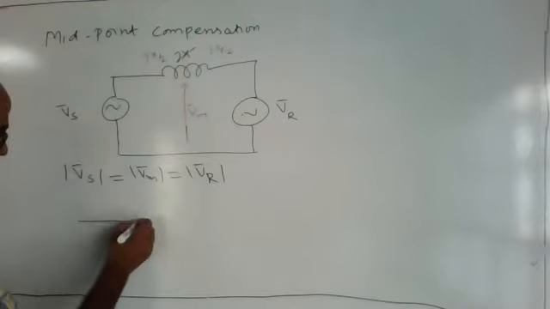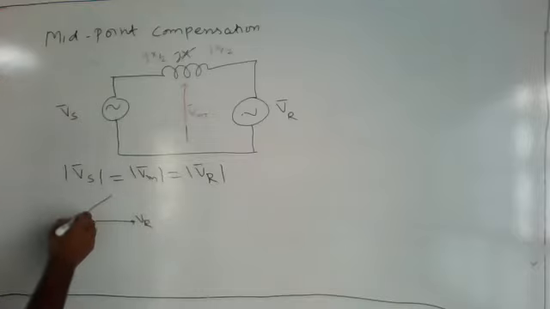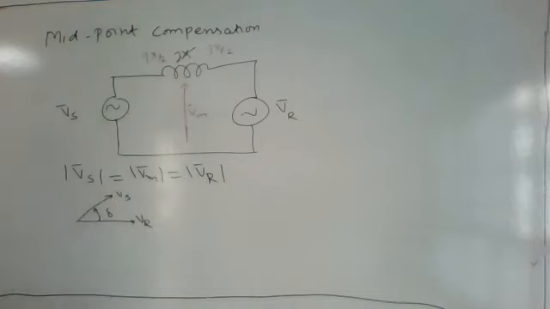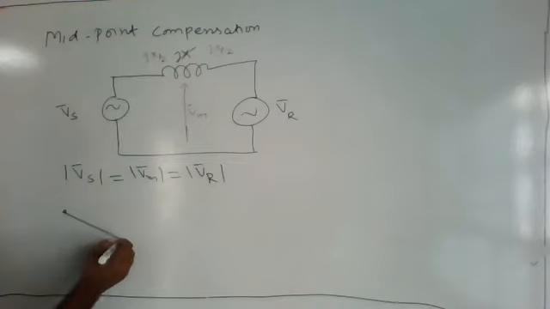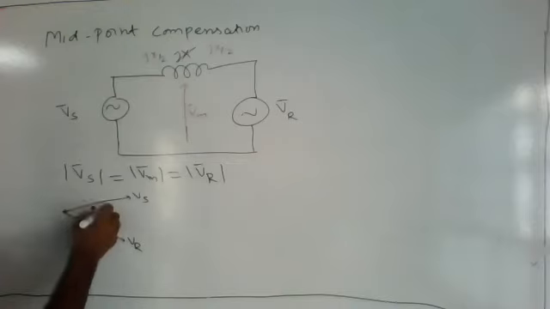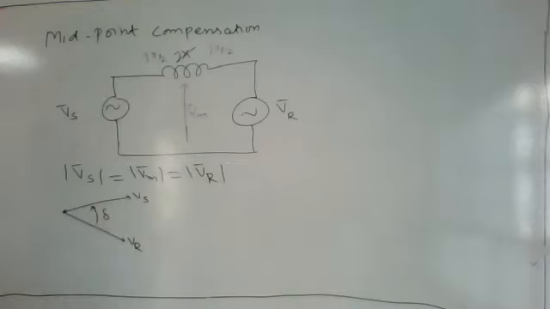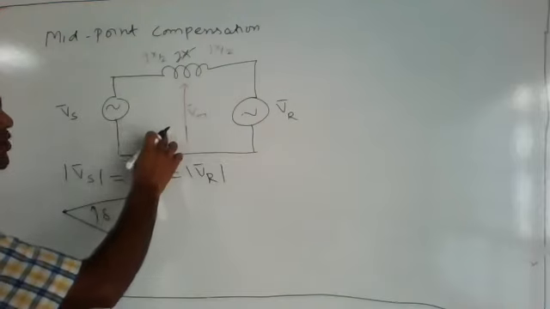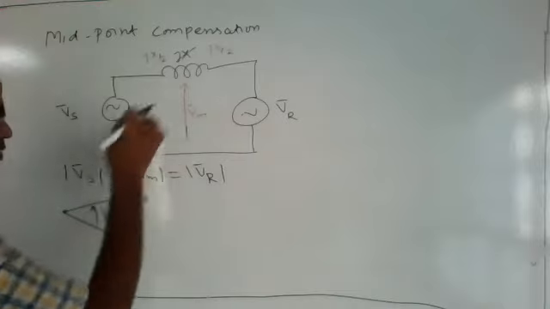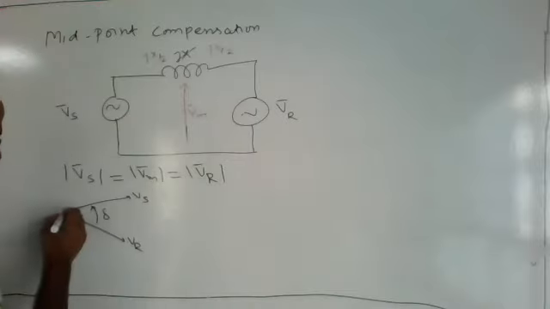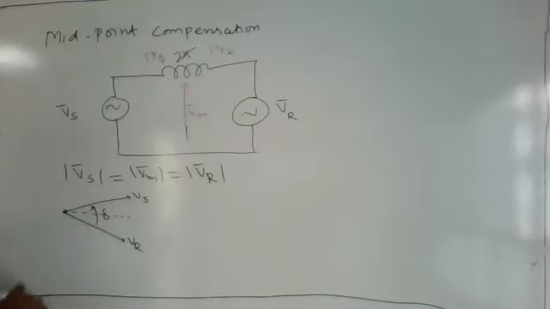So this is Vr and this is Vs and the angle is delta. Arbitrarily I am placing it like that. Since I am introducing a device here, Vm will break up this angle into two parts, delta by 2, delta by 2. So I am breaking up this angle into two parts.